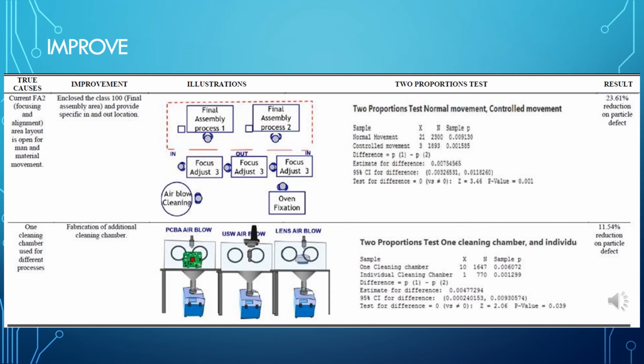As you can see in the illustration, we have the PCBA air blow and USW, or ultrasonic air water blow, that is already present in the production line. The additional cleaning chamber was beside it, which is the lens air blow.